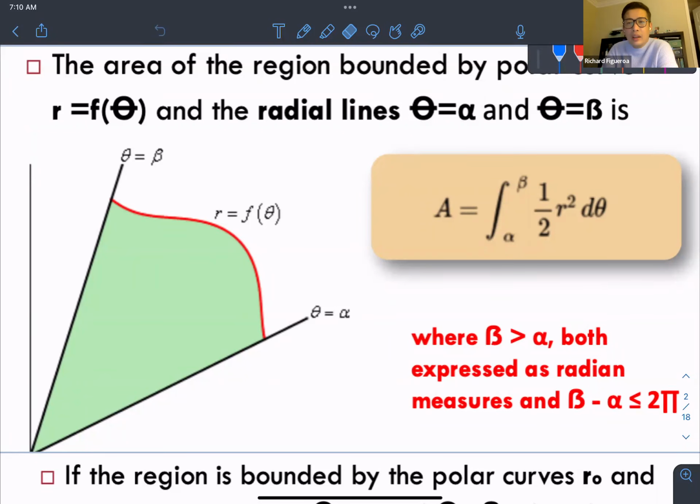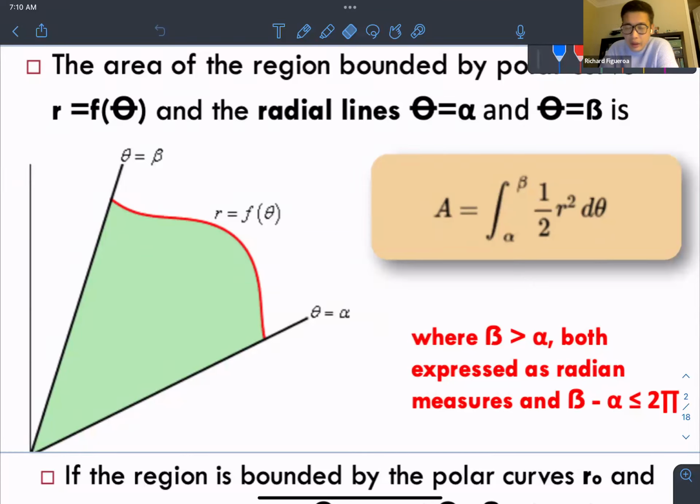For simple computation, just remember this formula. This is the formula for polar curves: 1/2 r squared d theta. The only problem here is, how do we determine the alpha and beta? Alpha and beta can be determined easily if it is just a single polar curve.